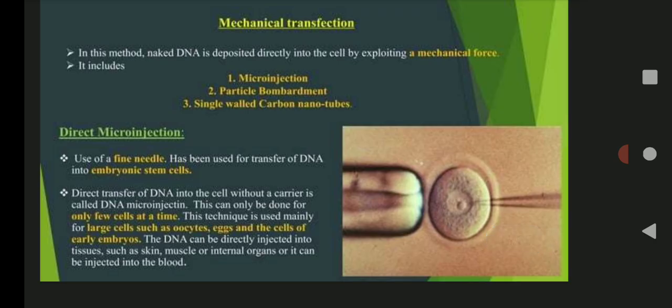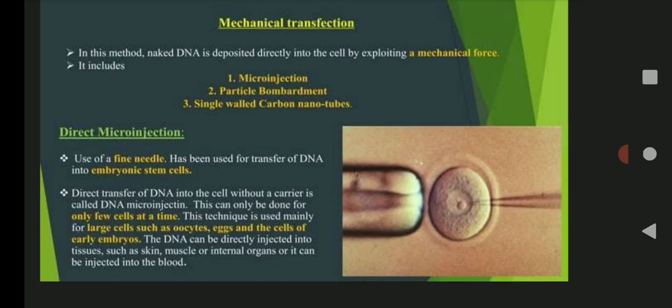Mechanical transfection, in which microinjection, particle bombardment and single-walled carbon nanotubes are utilized, in animal cells as well as plant cells. In direct microinjection, using a fine needle, the DNA is transferred to the embryonic stem cells.